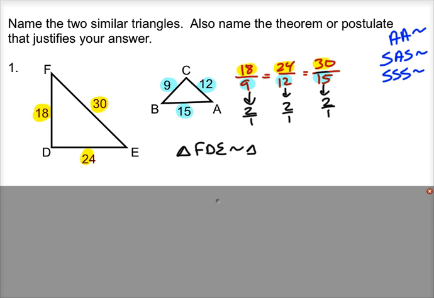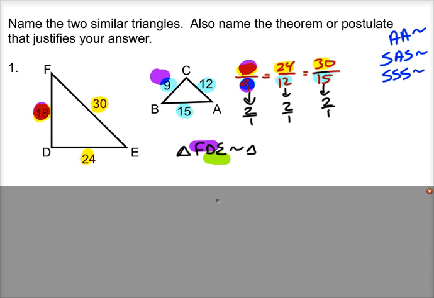To me, the easiest way to name them is, if I pick FD, well, FD was 18, and 18 matched up with the 9. So where's the 9 coming from? Well, the 9 is coming from BC. But I don't know if I should write BC or CB. So I look at what would have come next. Next would have been DE.